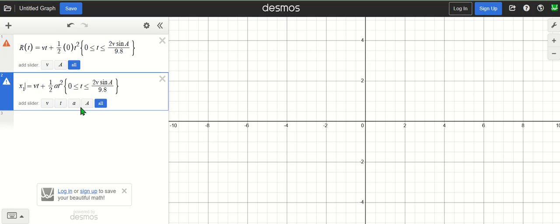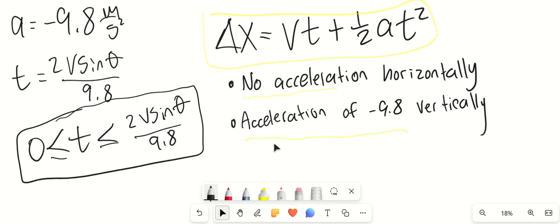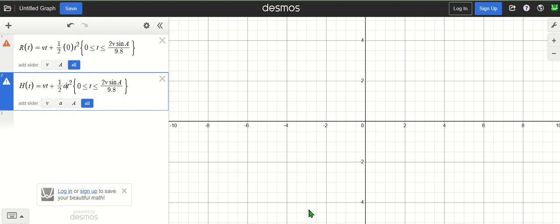Now for my second equation, I want this one to show me my height. And again, I'm going to have it showing me based on my x-axis of time. Okay, a couple things that I need to change here is my acceleration. For my vertical direction, I'm going to have a vertical acceleration of negative 9.8.